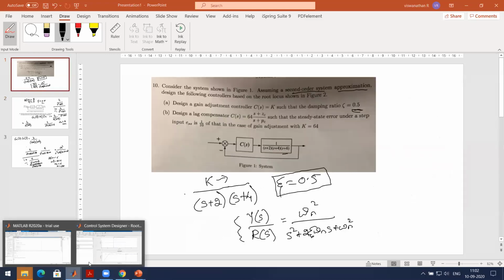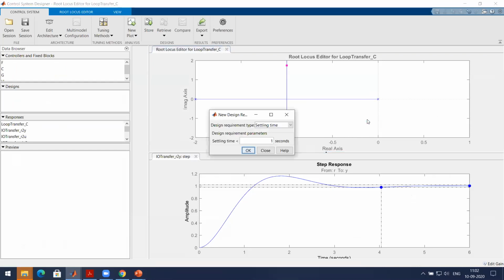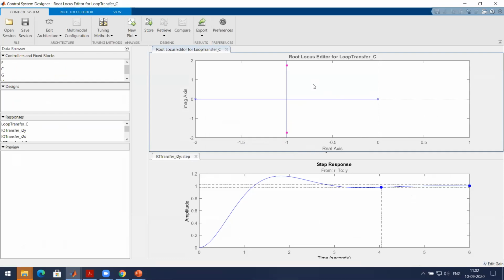Just go to MATLAB, in the root locus editor, right click, you can say new. Here you can give the design requirement type. You have the natural frequency, the damping ratio, the percentage overshoot, and the settling time. All these can be defined here.